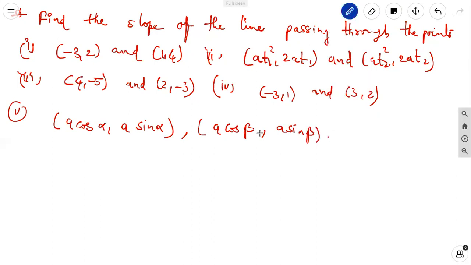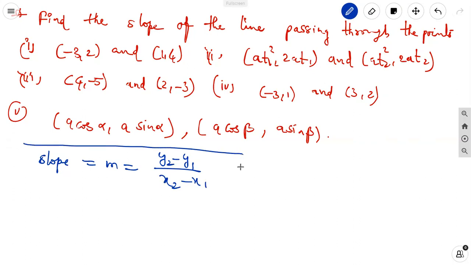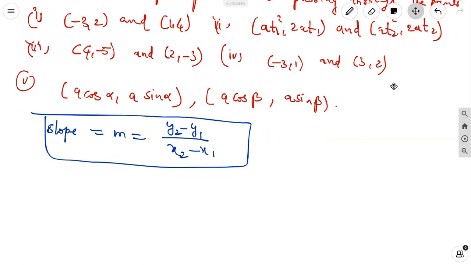What is the formula of the slope? The slope is equal to small m equal to, if we know 2 points, y2 minus y1 by x2 minus x1. This is the formula for the slope of the 2 points.